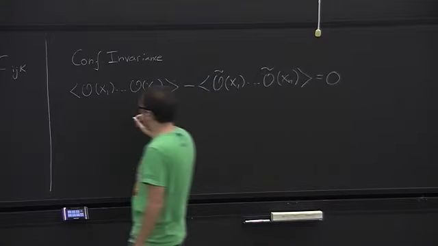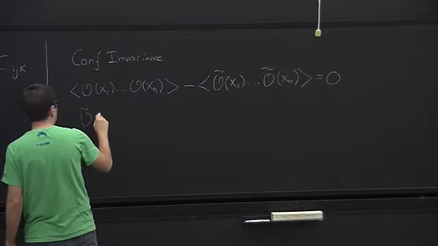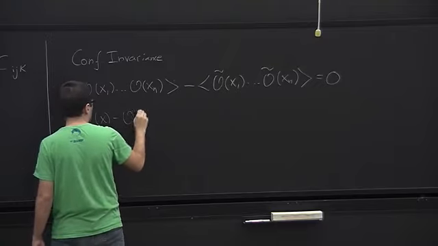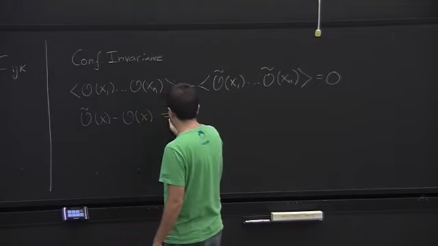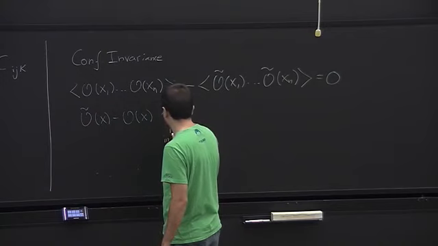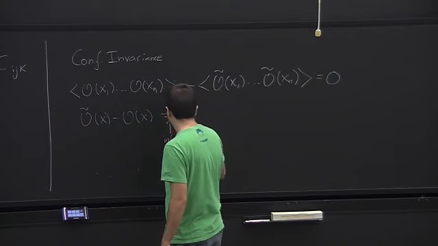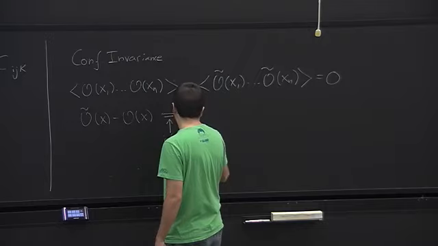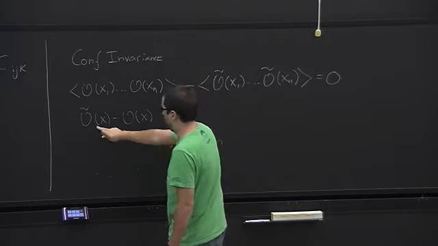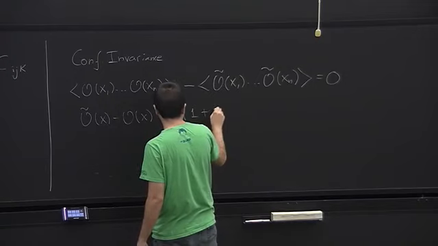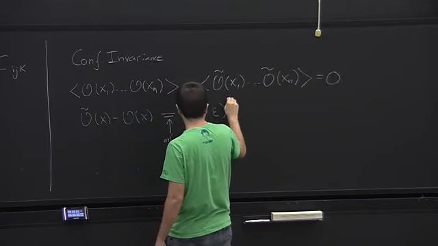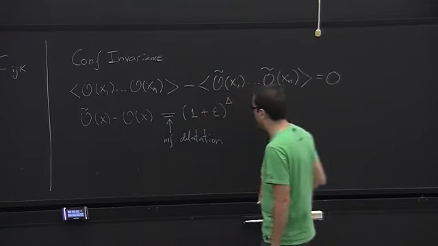So how do they transform? So O tilde of x minus O of x. Let's see what it is, say, for an infinitesimal dilatation. Well, for a dilatation, that factor omega for an infinitesimal one is just lambda, so it is just 1 plus epsilon to the power delta.